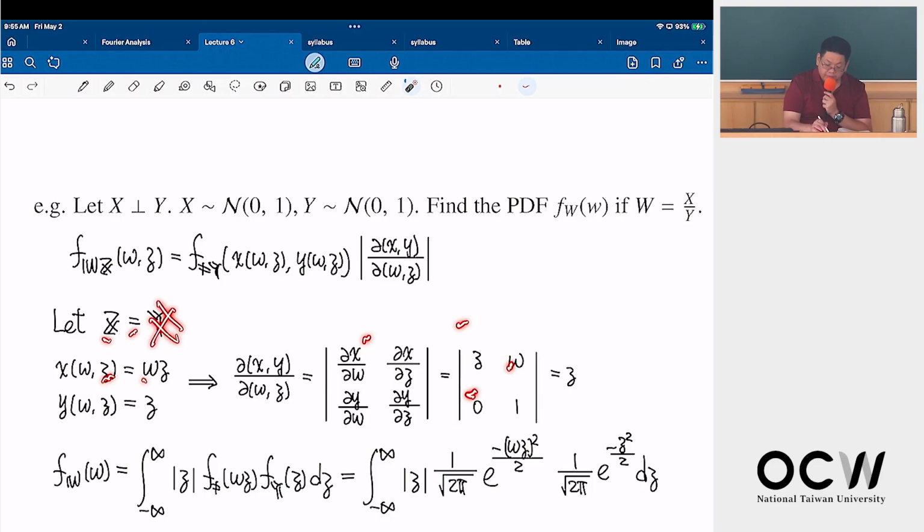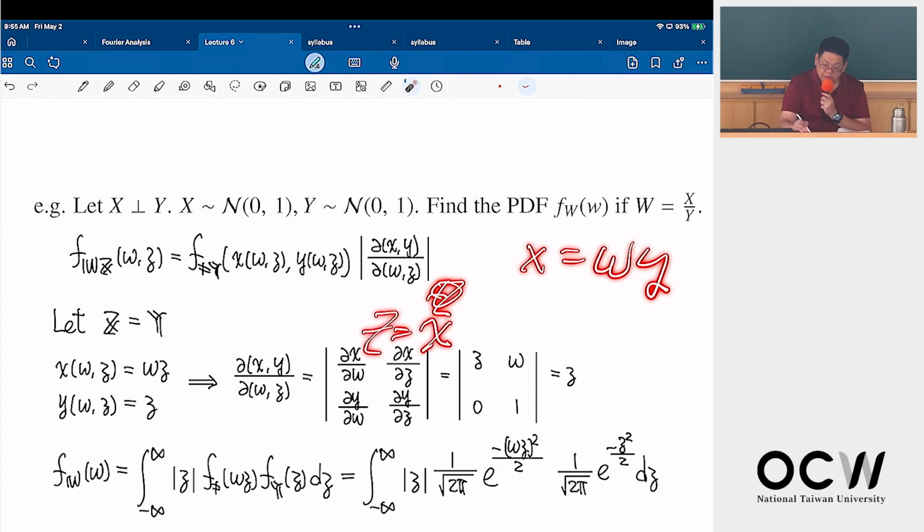If z equals x, then here we have w equals x over y, so x equals wy. And if you have z equals x, then z equals wy.